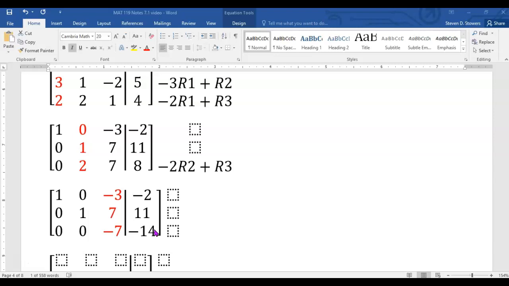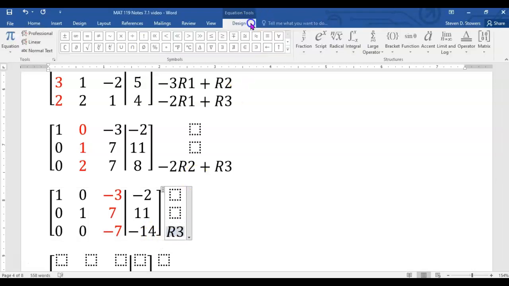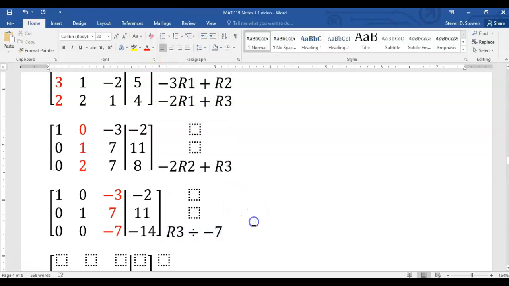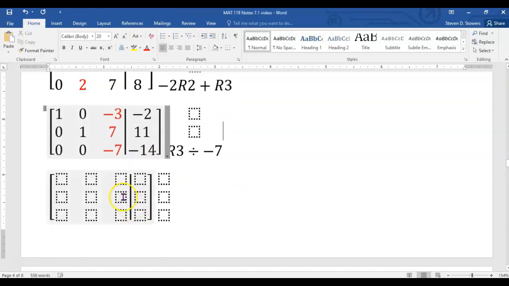Or if you'd rather, you could think of it as multiplying through by negative 1/7. So row 3 is going to be divided by negative 7, or multiplied by negative 1/7. So let's go ahead and take care of that.